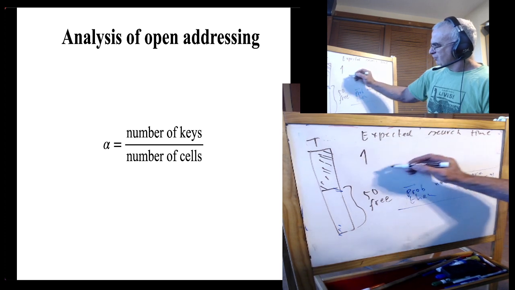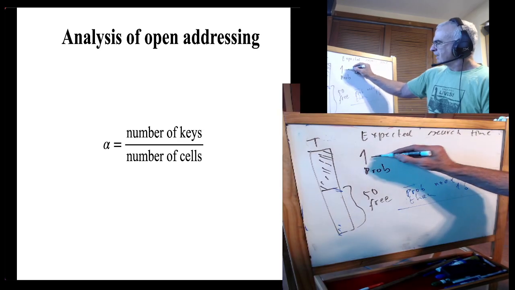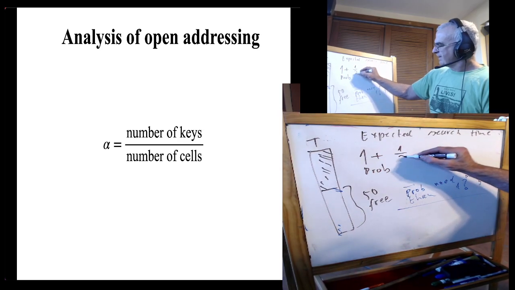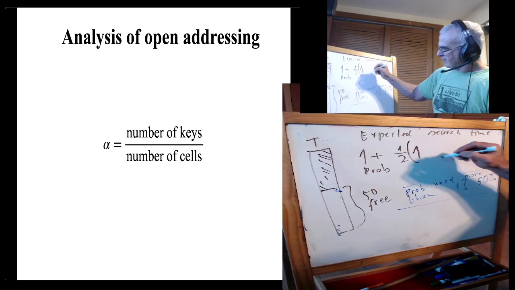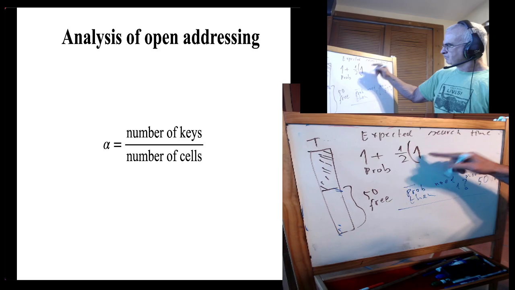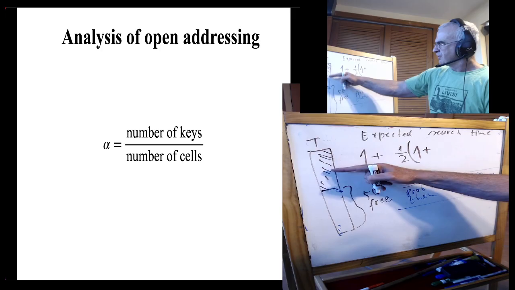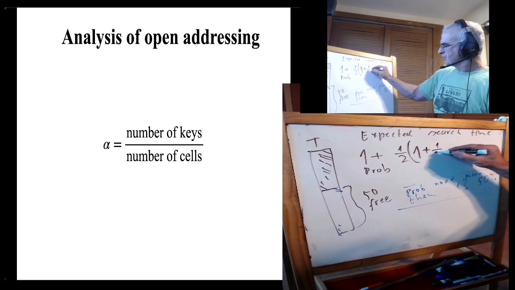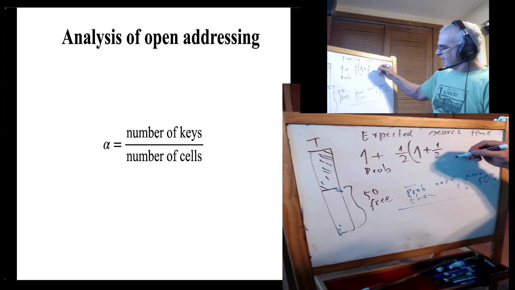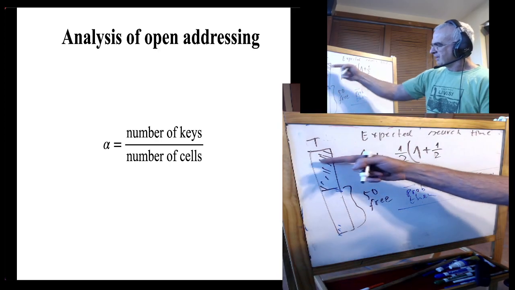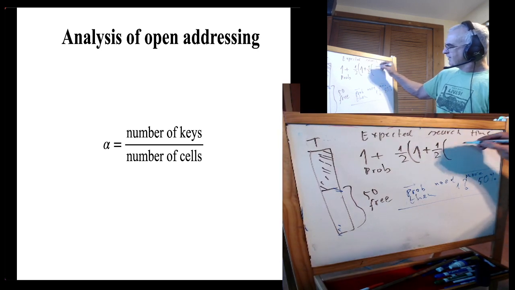I need at least one probe for sure, plus there is a 50% chance that I'll need one additional probe, plus there is a 50% chance that this one additional probe, the second probe, landed on an occupied area as well.